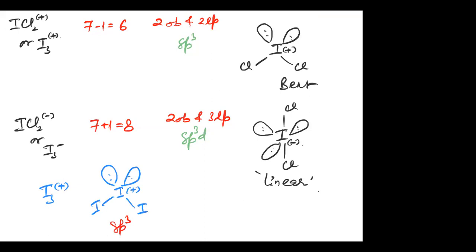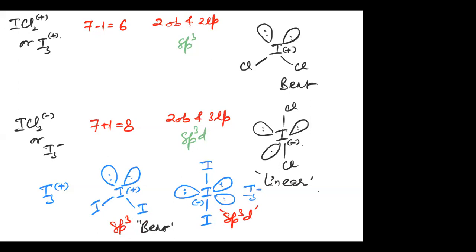And same, it may be iodine with another iodine atom and another iodine atom, iodine having lone pairs of electrons, and iodine should have a negative charge here, and in this case this iodine should be sp3d hybridized. So it is nothing but I3 minus. So I3 plus is found to be bent, and I3 minus is found to be linear geometry.